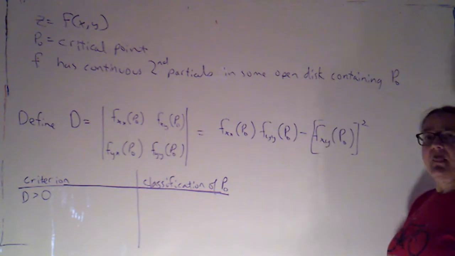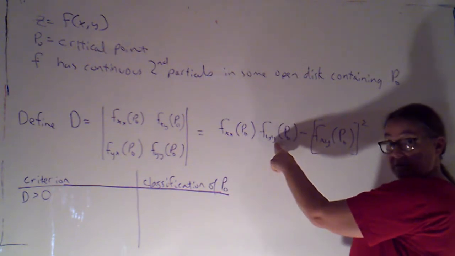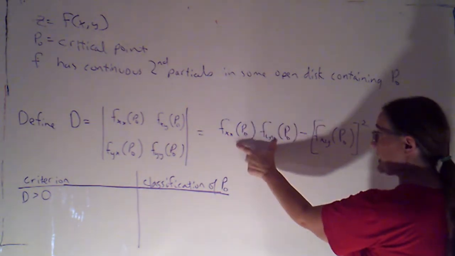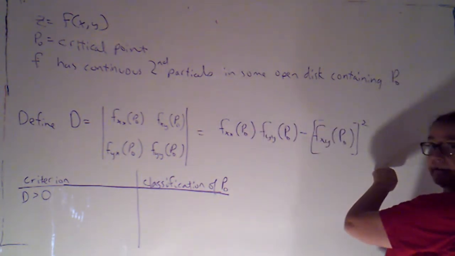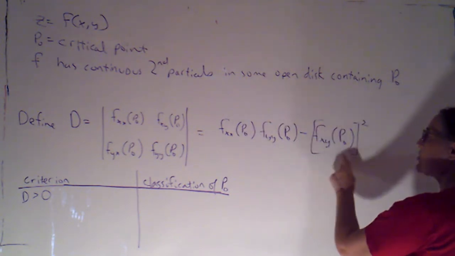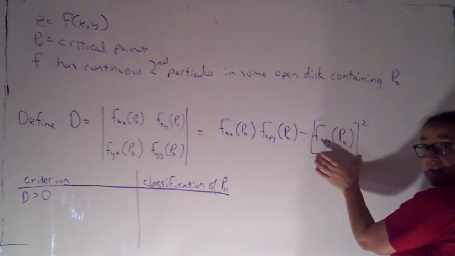Now notice, the only way that D could be positive is if these two non-mixed second partials are the same sign. Now they could both be positive or they could both be negative, but in order for this thing to be positive, I need that first term to be positive, because I'm subtracting something squared from it. The smallest this thing could be is 0.